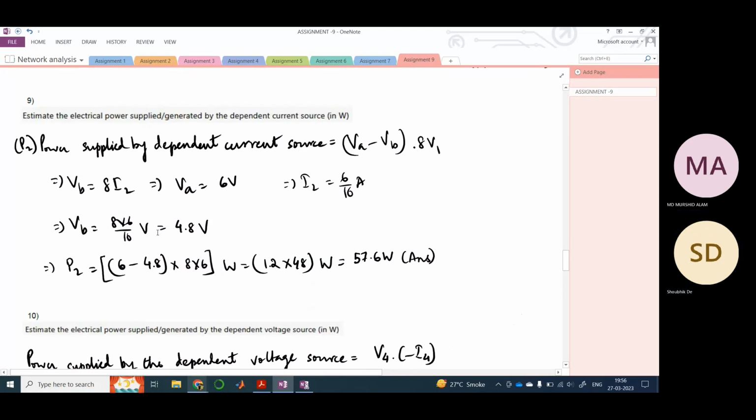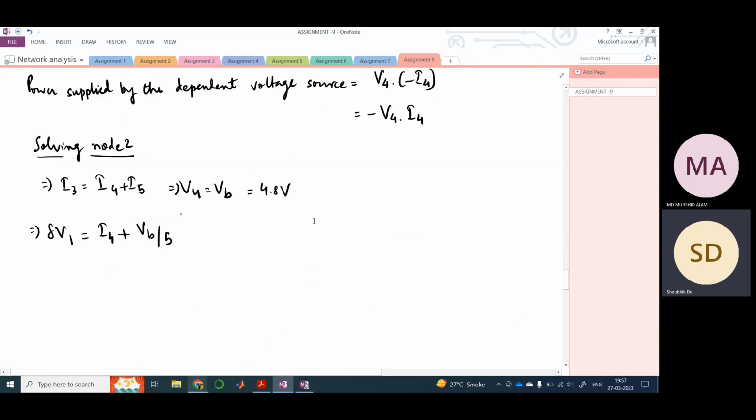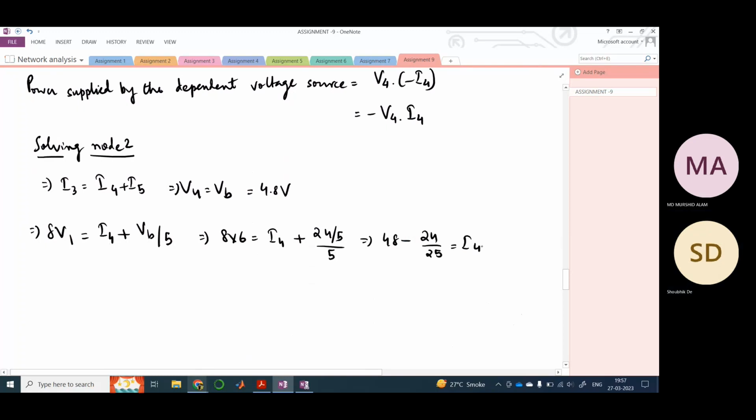It was 48.6, right? So 48.6 is 24 by 5, if I just calculate it. So this is 8 by 6 I4, and this is 24 by 5 by 5. So this is 48 minus 24 by 25 I4.